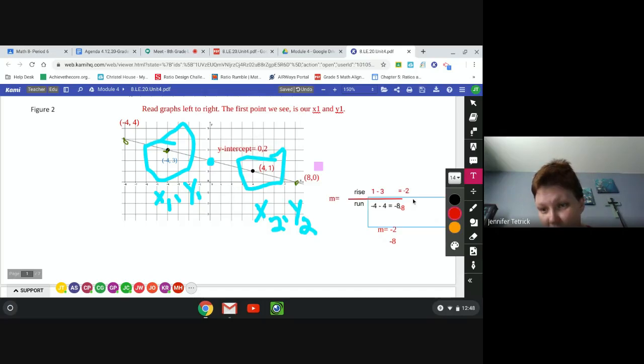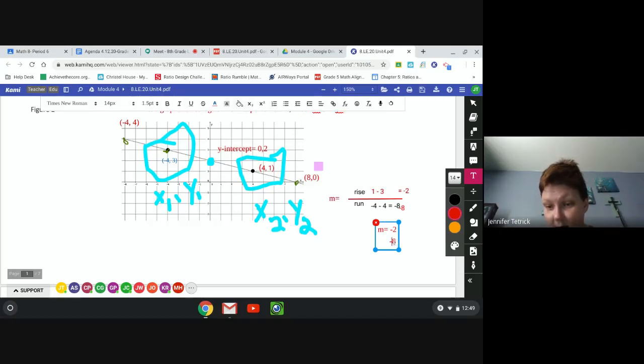Yeah. But real quick, someone said this doesn't make sense. So you have this x2, and our formula is x2 minus x1. So if I have a positive 4... Oh, this is positive 4.